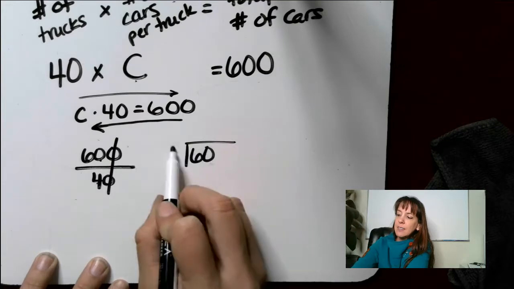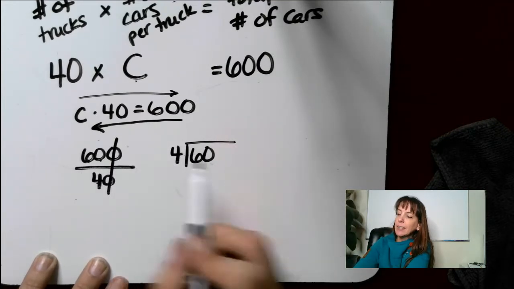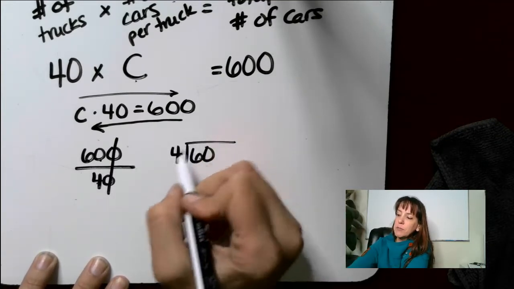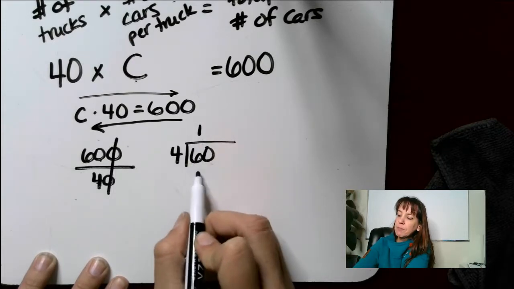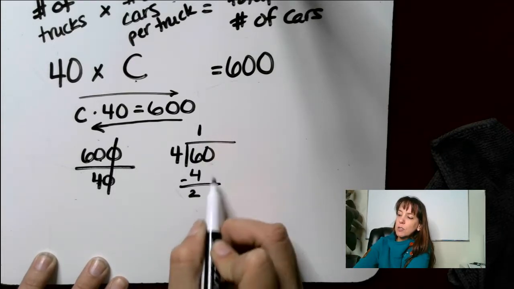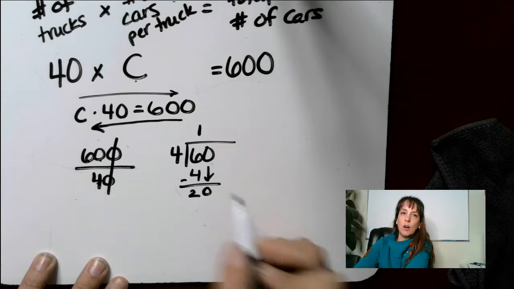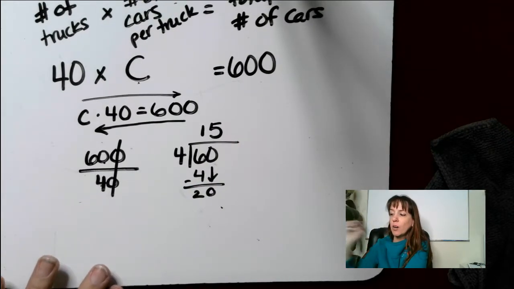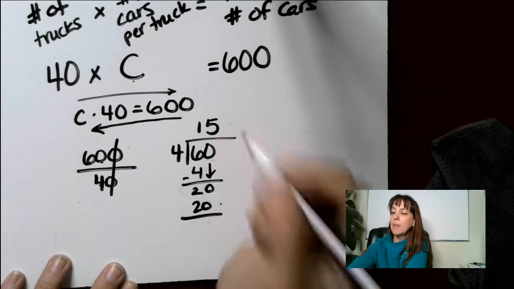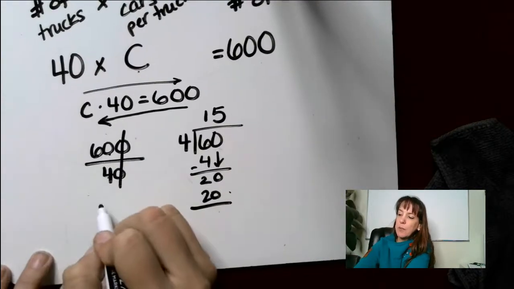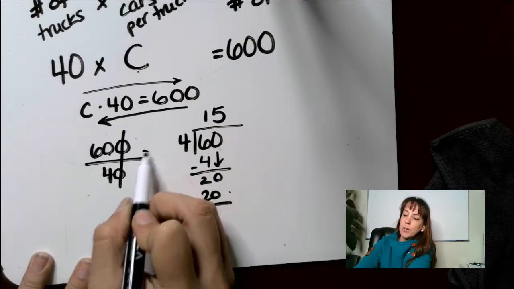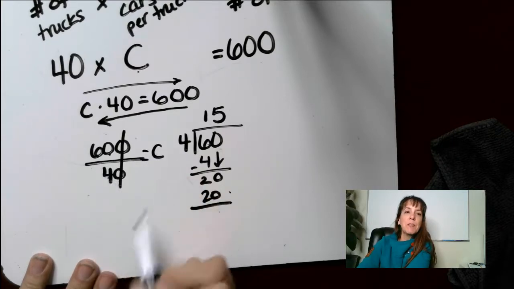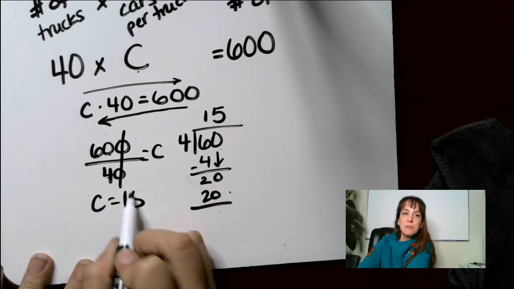60 divided by 4. 4 goes in one time, so 2 and 0. 4 goes into 20 5 times. 5 times 4 is 20, bam. So we come back over here: 60 divided by 4 equals C. C equals 15.